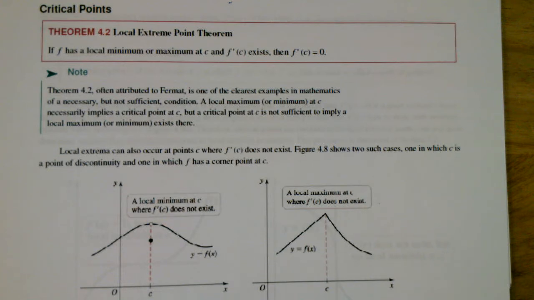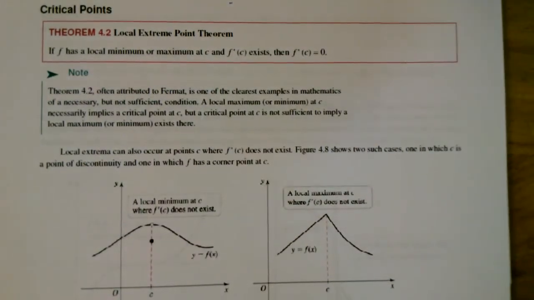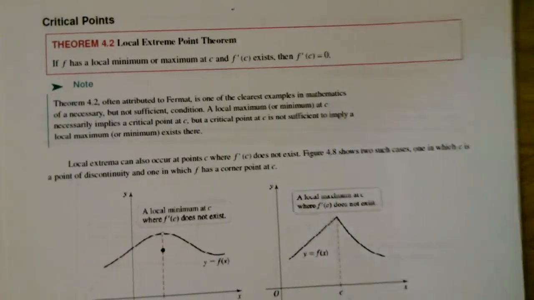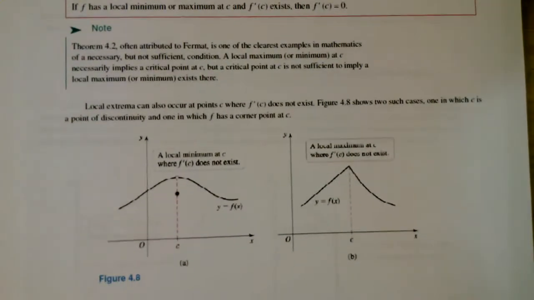Okay. Now it says here that local extrema can also occur at a point C where f prime of C does not exist. And in the figure that I'm going to show you, which is what you see here on the screen, it shows two cases.